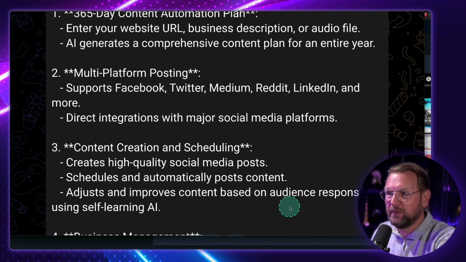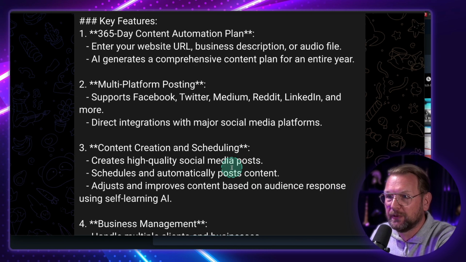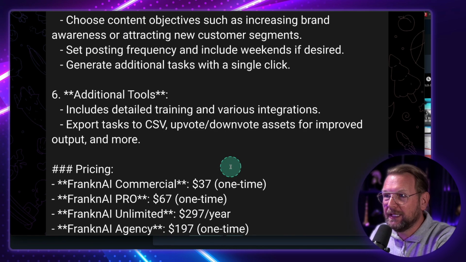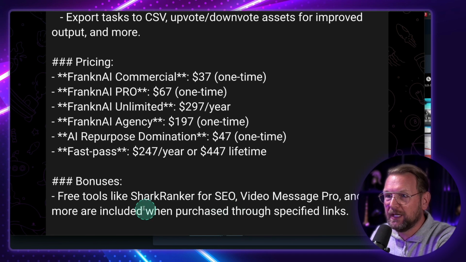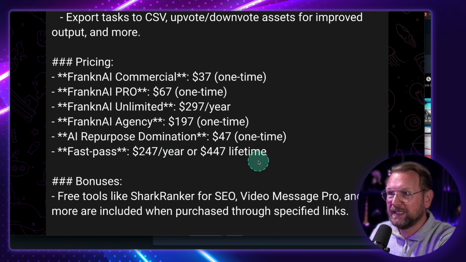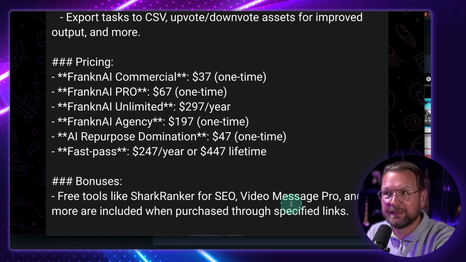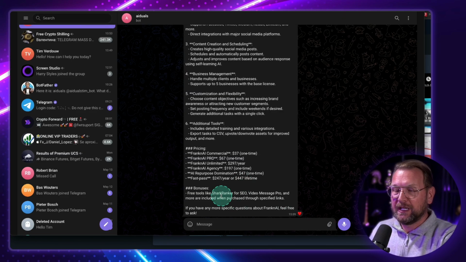Adjusts and improves content based on audience response using self-learning AI. So the pricing here, 37 one time, Pro 67, Unlimited 297, and then also here the Fast Pass 247 a year. Free tools like SharkRank for SEO, Video Mess Pro, and more are included when purchasing through specified links. So those are my bonuses that I provided.